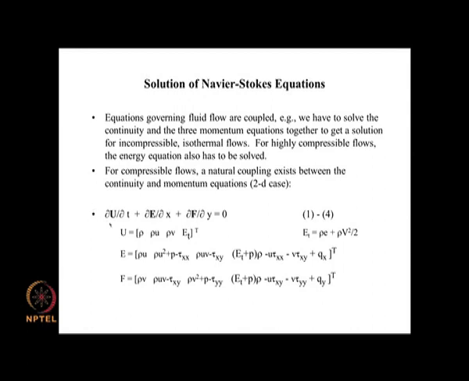So, if you substitute that here, you get dou rho by dou t plus dou by dou x of rho u plus dou by dou y of rho v equal to 0, and that obviously is the continuity equation. Now, if you are looking at the x momentum equation, you must take the second term here and the second term here and the second term here. What is the second term here?